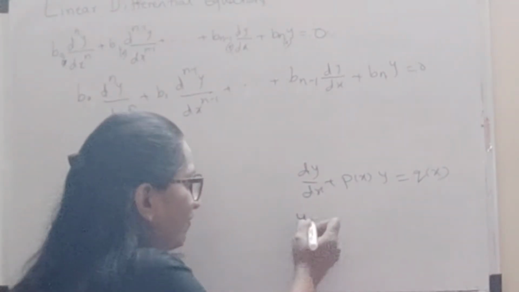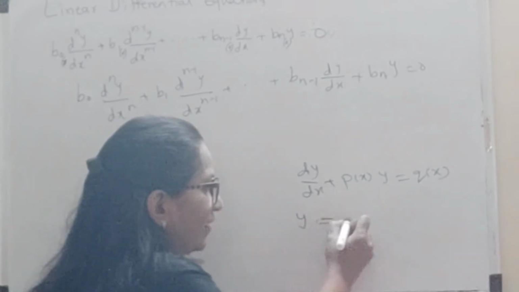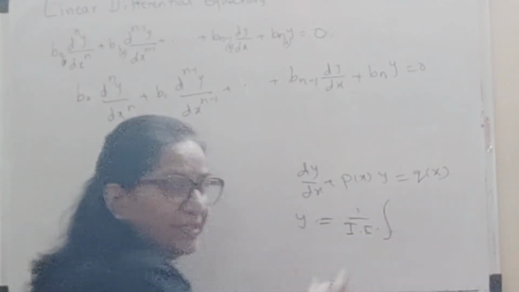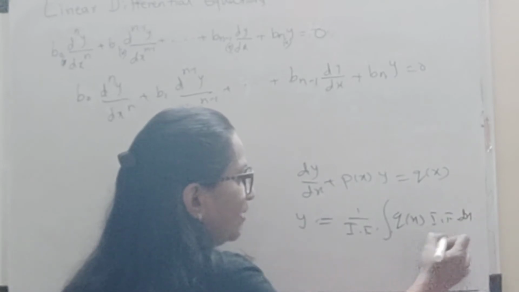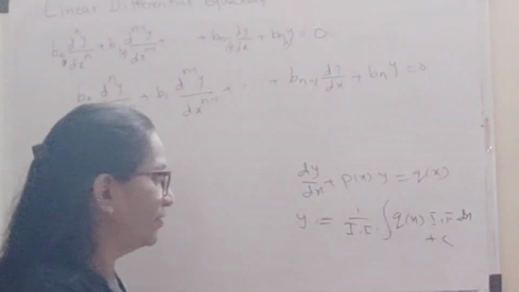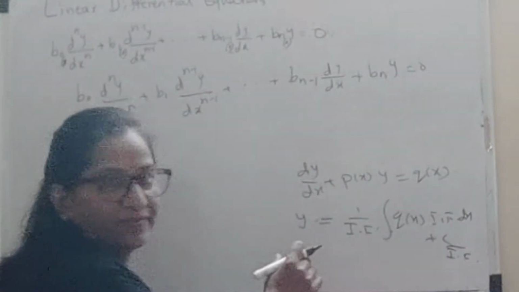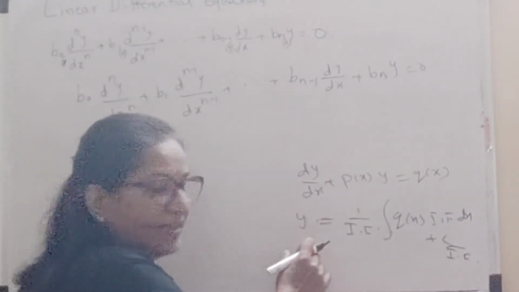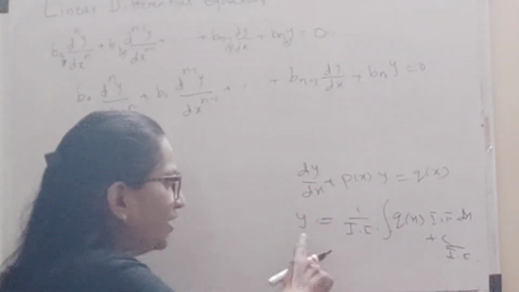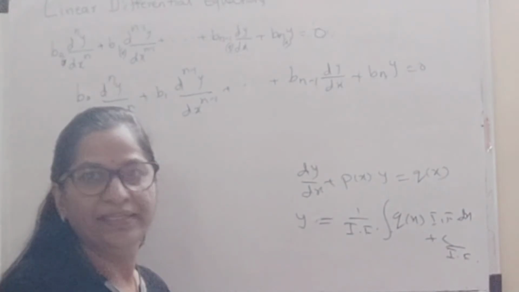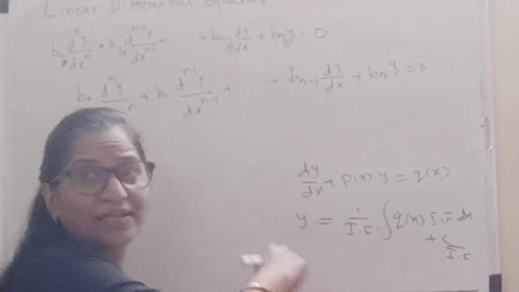Shifting the integrating factor to the other side, y is equal to 1 upon IF times the integral of q of x into IF into dx plus c upon IF. It is the general solution of the linear differential equation of first order and first degree. So we have a single solution because the order is 1.